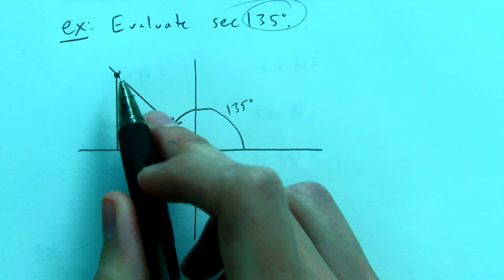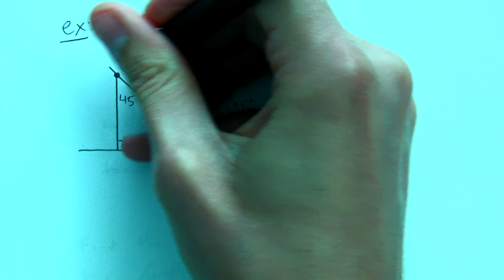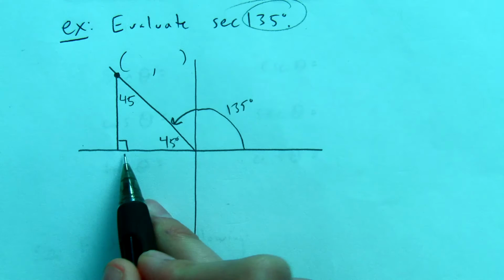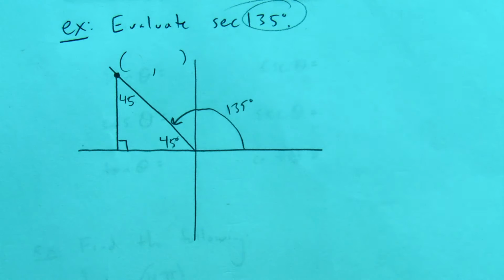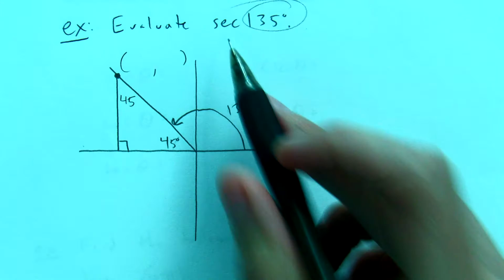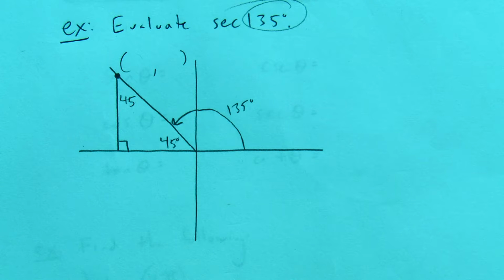I need to know what this point, x comma y, is in order to find x, y, and r, so I can use my general definition of trig functions, which we saw right there, to find, in this case, secant, but I could find any of the 6 trig functions using that, okay?